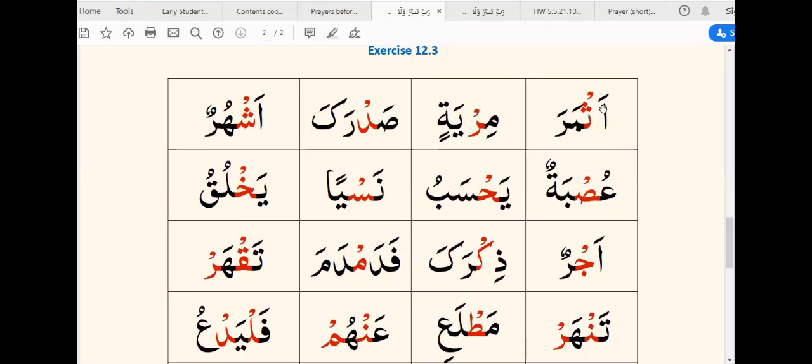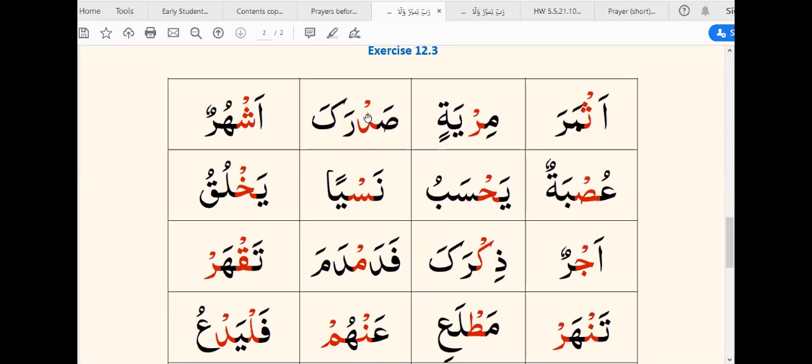That means that we are going to join alif that has a fatha and Sa that has a sukoon. We're going to join them together. Asmara. Well done. Over here again, letter Ra has sukoon on top of it. So we're going to join Mim with kasra and Ra with sukoon. Miryatin. Yes, well done.